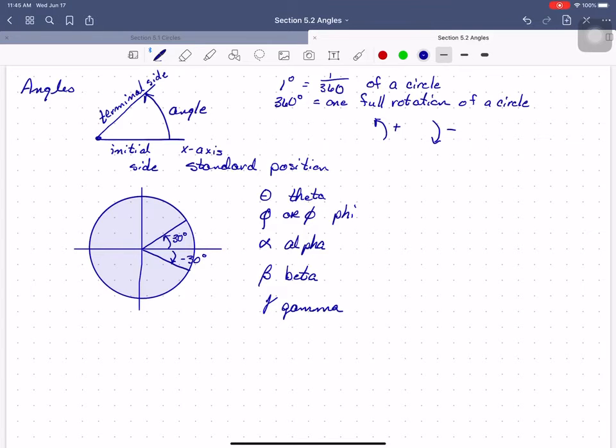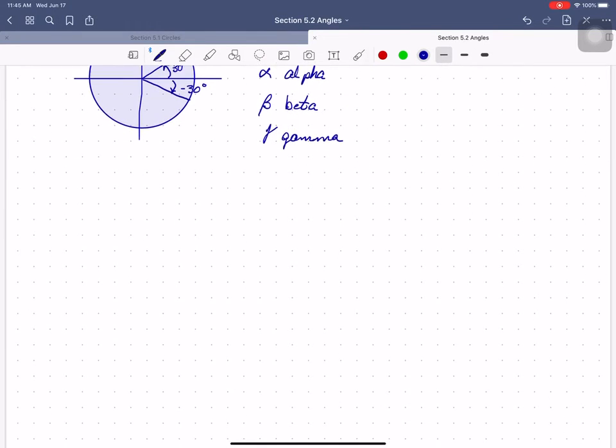Okay, so now we know that we can get to the same point on a circle different ways. So let's think about this circle again. And let's say I want to get to this spot right here. There's a couple of different ways I can get there.